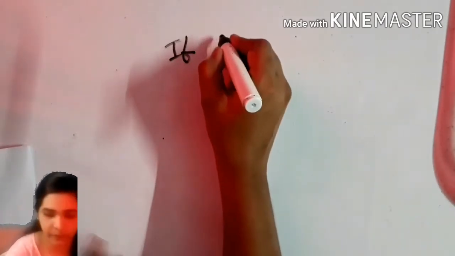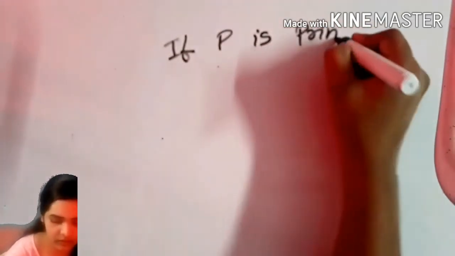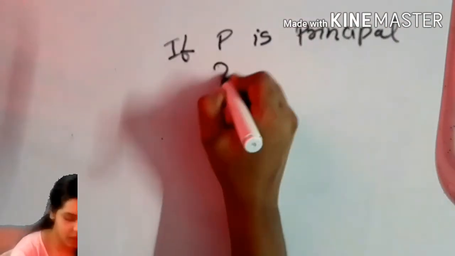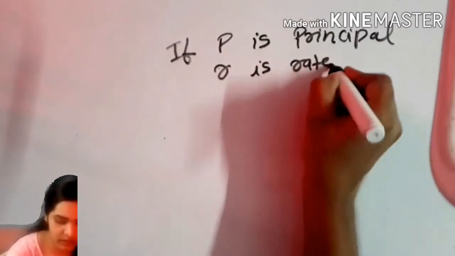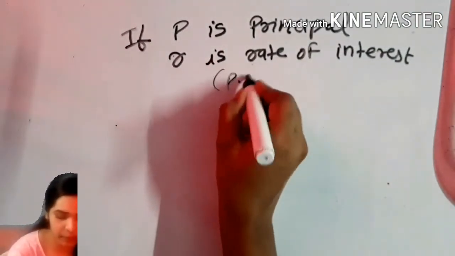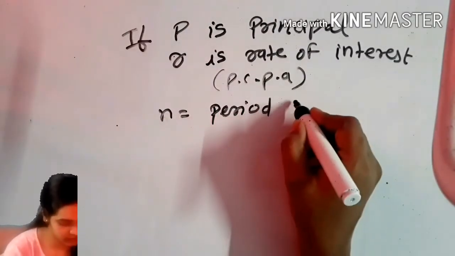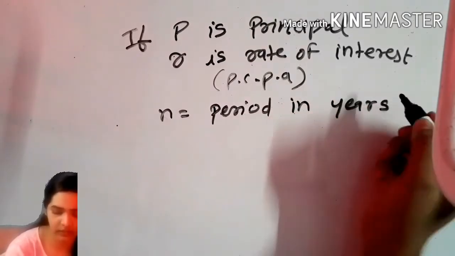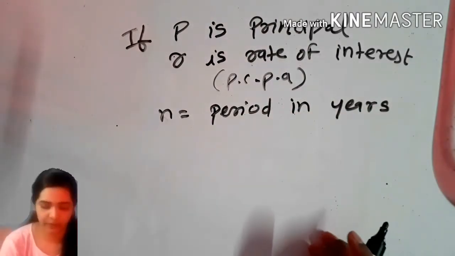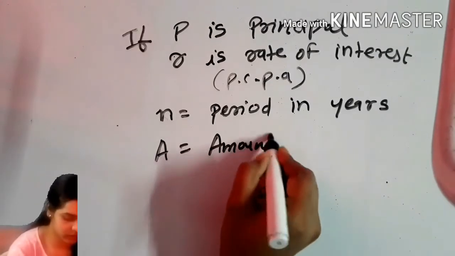If P is the principal, R is the rate of interest per annum, R is having the unit percent per annum, N is the period in years of the investment, say loan, or say deposit, for the deposit amount.